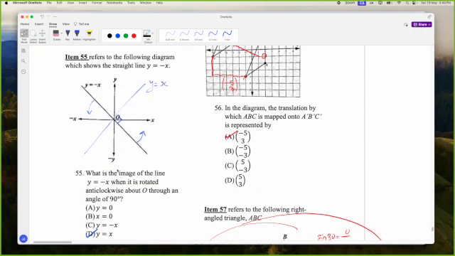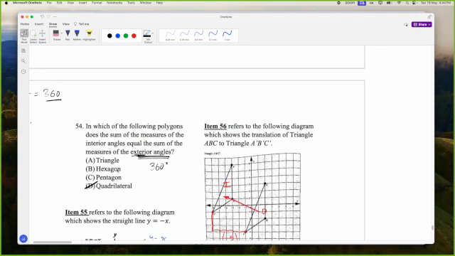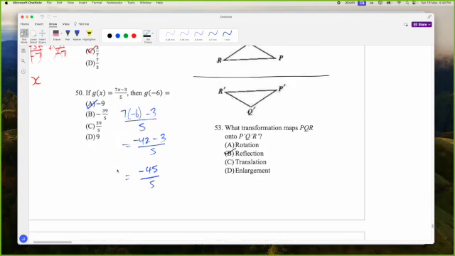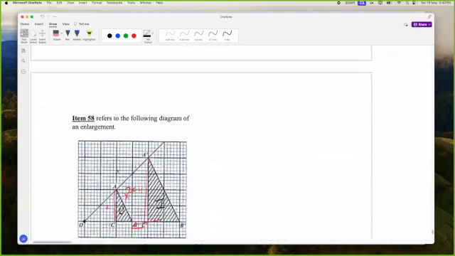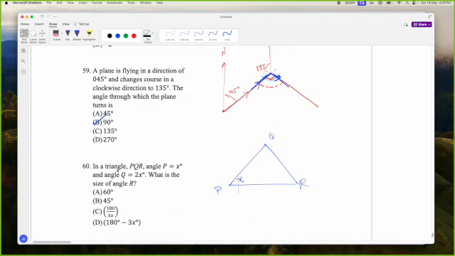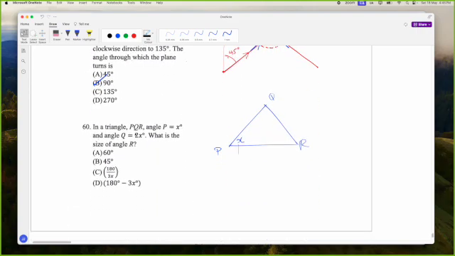All of the rest of the questions are quite familiar, but these last three, I've never seen them before. In the triangle PQR, P is X degrees, Q is 2X degrees, and R is something that we don't know. What is the size of angle R?